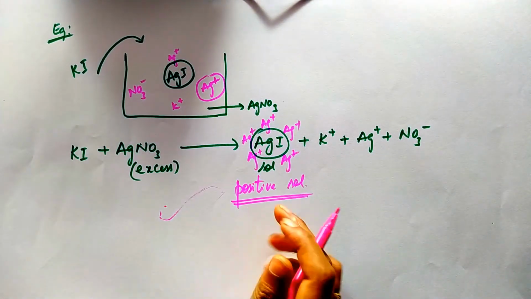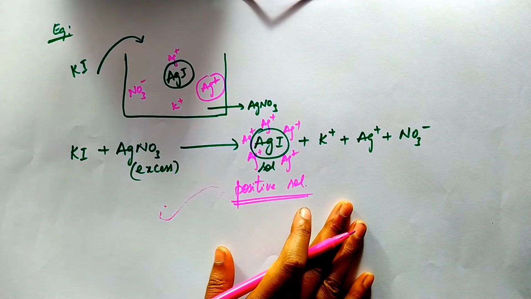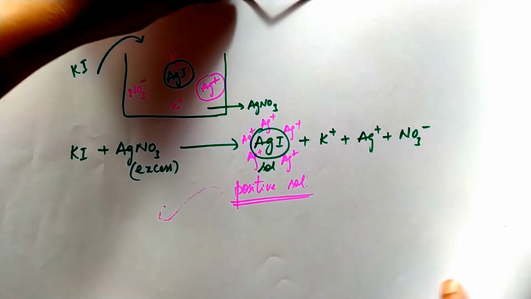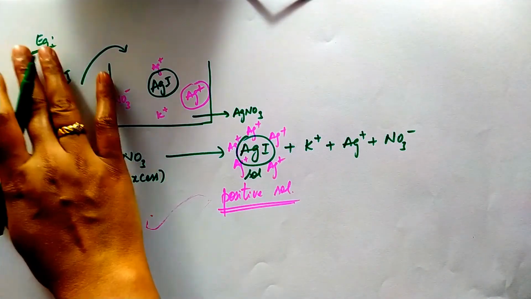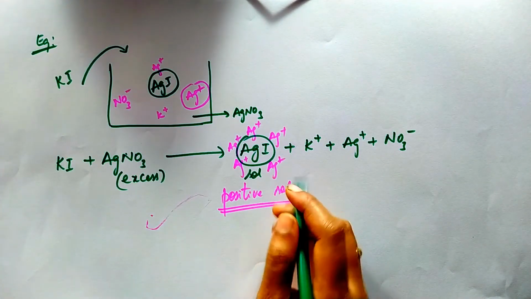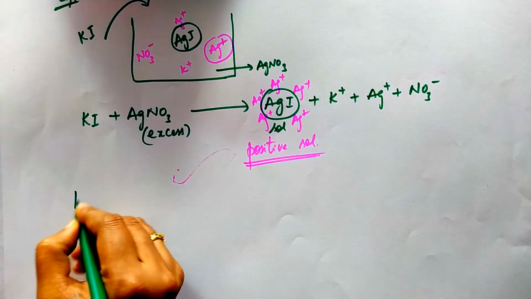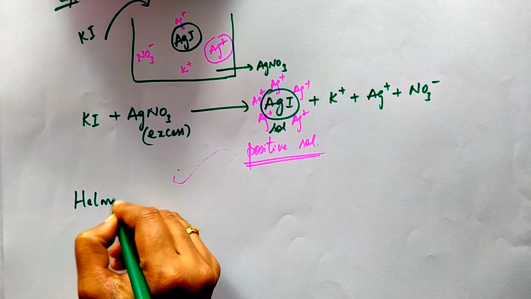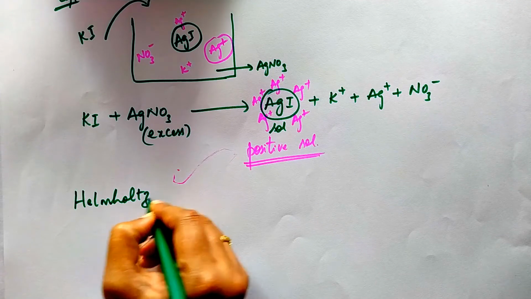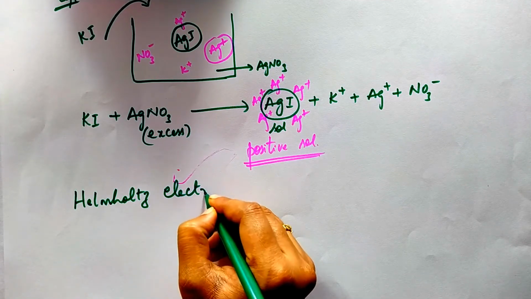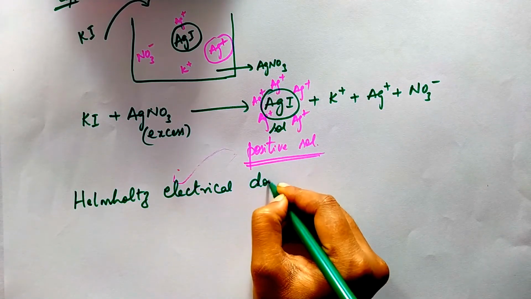Now I am taking the same example to give a definition for electrokinetic potential. So how is this potential developed? Then I am taking the same example to explain the next concept, that is Helmholtz electrical double layer.